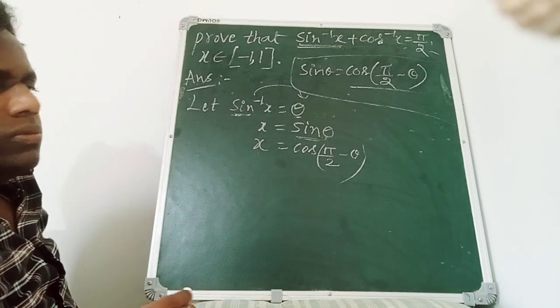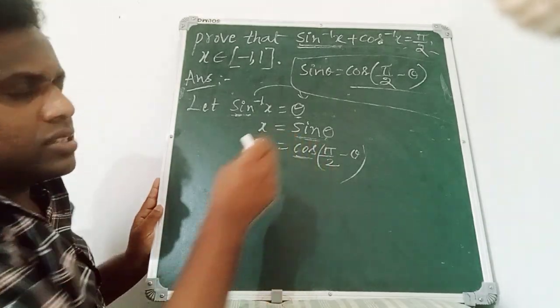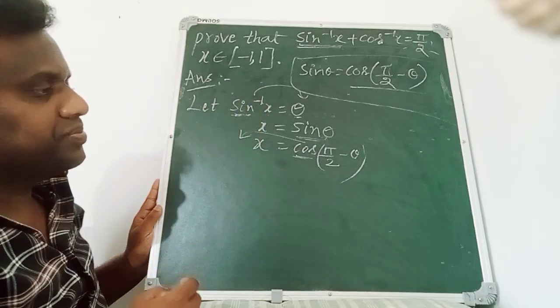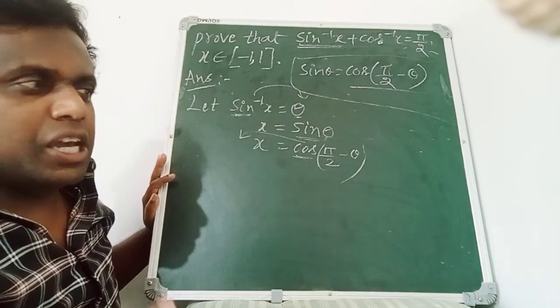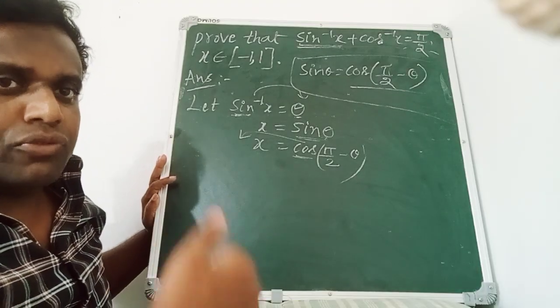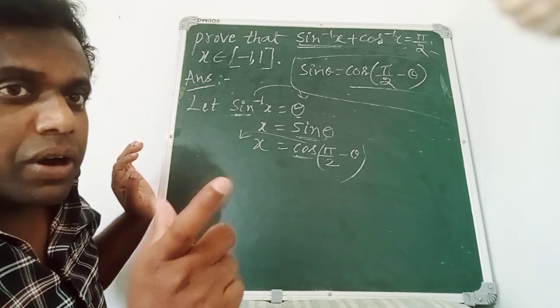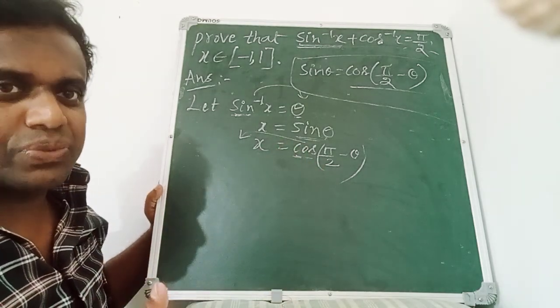Next what I will do, this is cos, right? This I will move to this side. See, cos is a function. If it is a number like 5, when plus 5 is moved to this side, that will become minus 5. 5 is a number. But here cos is there, that is a function.